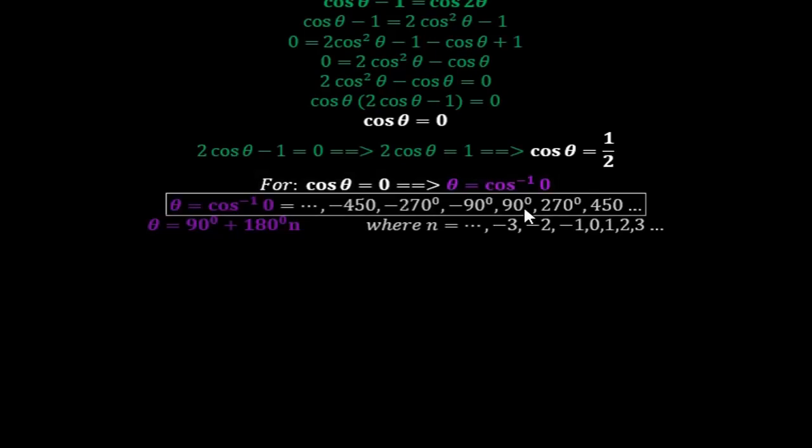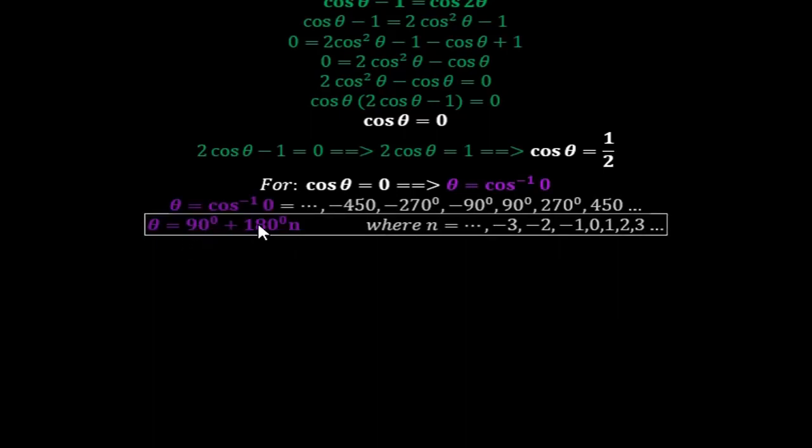That is, the angles are the quadrantal angles 90 degrees and 270 degrees, and all they are coterminal. That means theta equals 90 degrees plus 180 degrees n, where n is any integer.